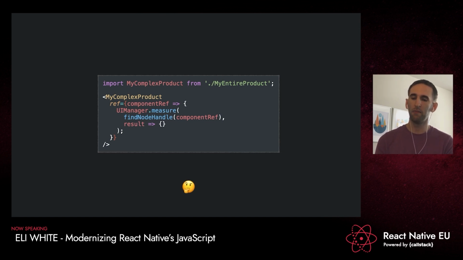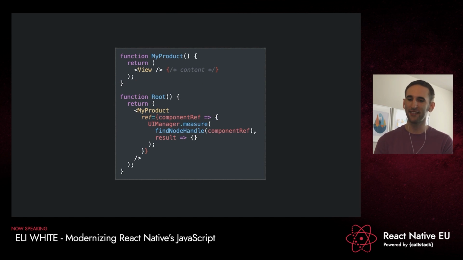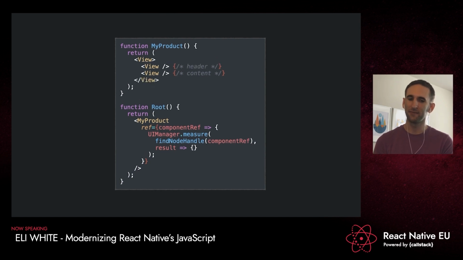And things can kind of get a little bit funky. Let's say that my product expands and it becomes my complex product. And it's in another file and it has tons of code in it, worked on by tons of people, but we're still measuring it. You might think that this is measuring just the outer view, but it's not actually that simple. What is this measuring?